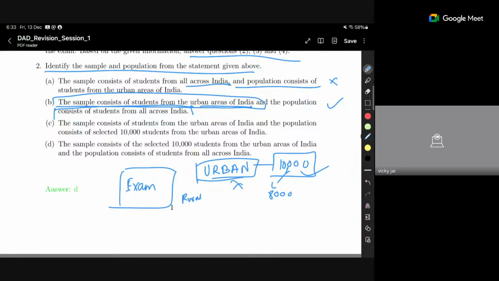Okay, the sample consists of students from the urban areas, and the population consists of 10,000 selection.